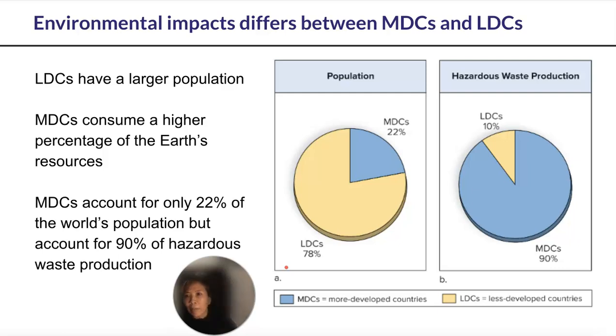So we can see here in this picture that the more developed country is actually a relatively smaller percentage compared to the less developed country. But as far as how much waste is being produced, the more developed country is consuming more, and they're also producing so much more hazardous waste compared to the lower developed countries.